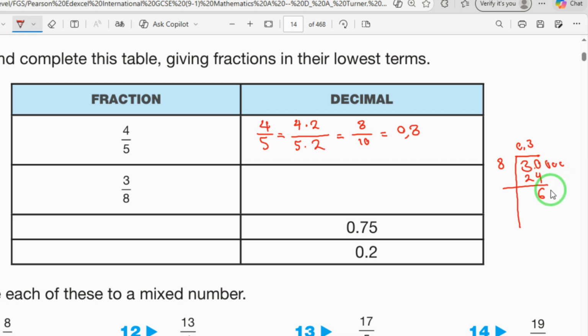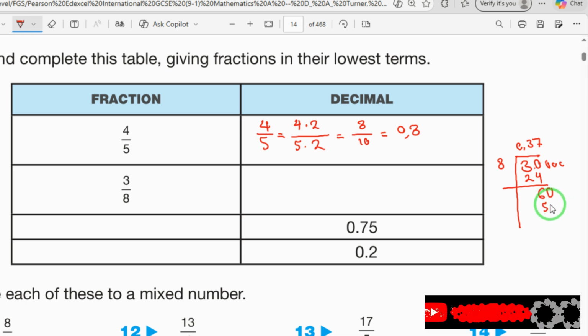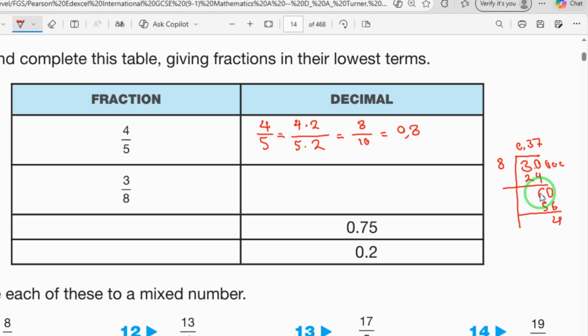We bring down one 0 to the right side, it becomes 60. 60 divided by 8 is actually 7. 7 times 8 is 56. We subtract 10 minus 6, remains only 4. We borrow from 6, it becomes 5. 5 minus 5 is 0.